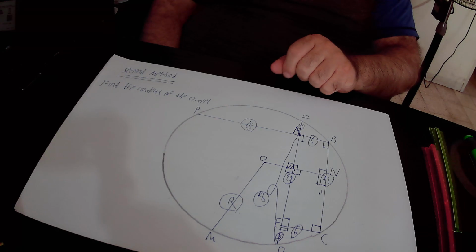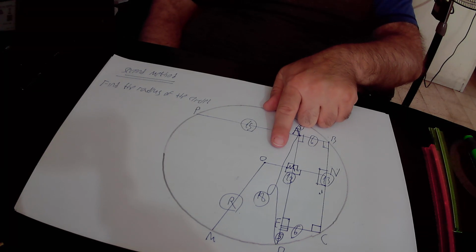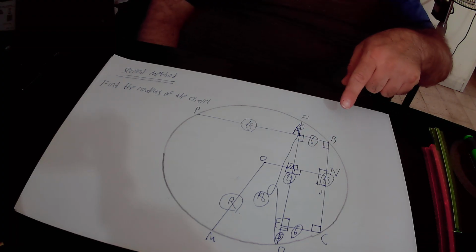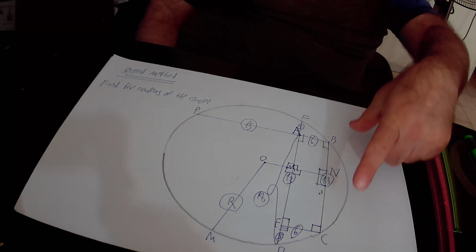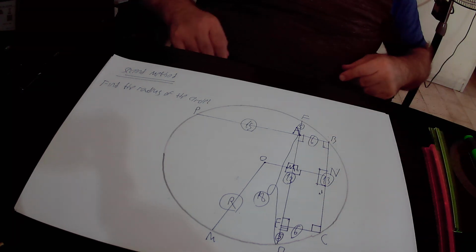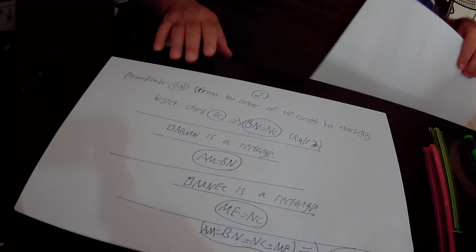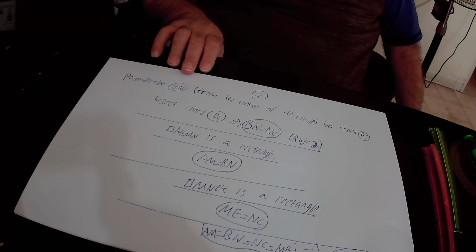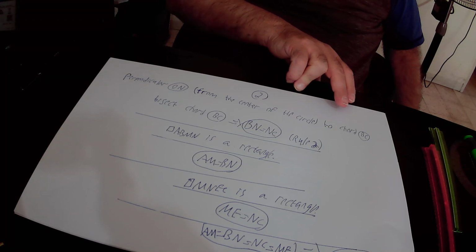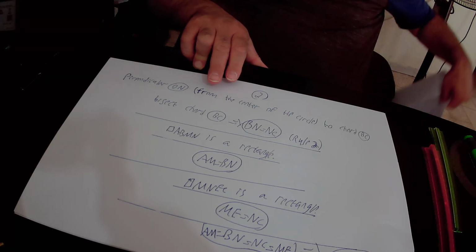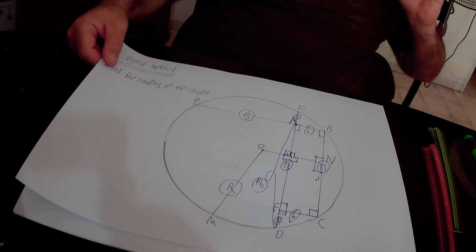Because in our drawing, from the center of this circle, point O, we have perpendicular ON on chord BC. And according to rule number 2, it will bisect chord BC, that is to say BN equals NC. So, I've written again that perpendicular ON from the center of the circle, point O, to chord BC bisects chord BC. That is to say BN equals NC according to rule number 2.